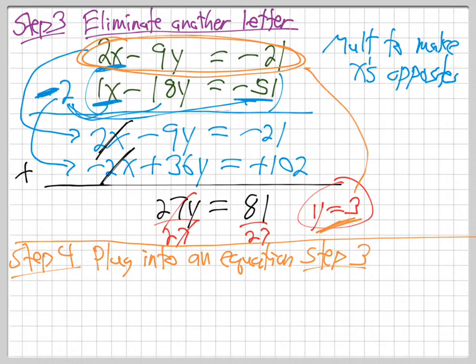All right, plug into that one or the second one. It doesn't really matter. So I'm going to take that equation, which is 2x minus 9y is minus 21, and I'm going to plug in that y right there to be 3.